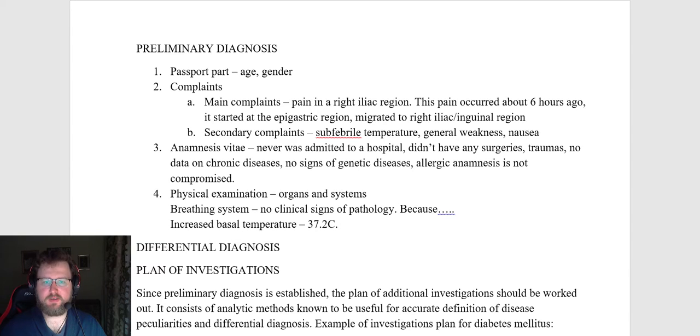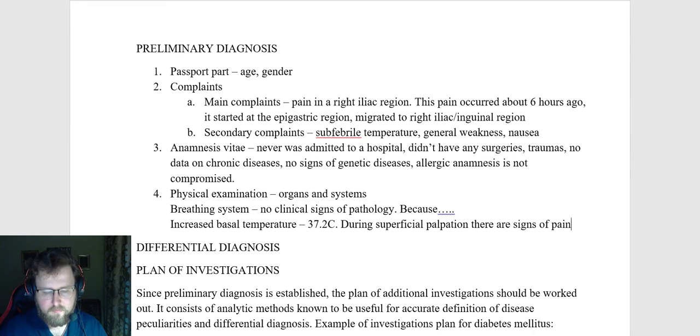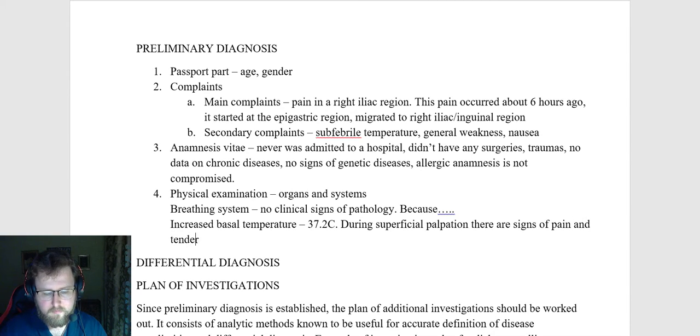We found out that during superficial palpation, there is pain and tenderness in the patient's right iliac region.